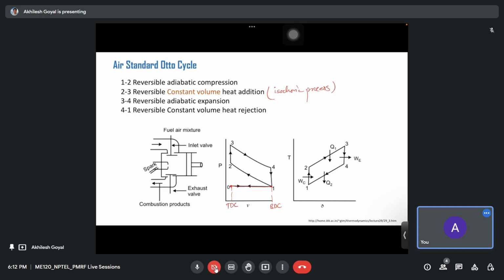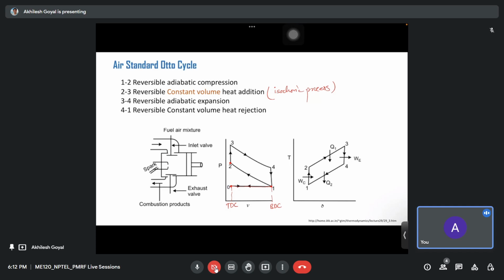At point 1 the piston reaches BDC. After that, the main compression stroke starts, and the mixture inside the cylinder is compressed from point 1 to point 2, from BDC to top dead center TDC at point 2.